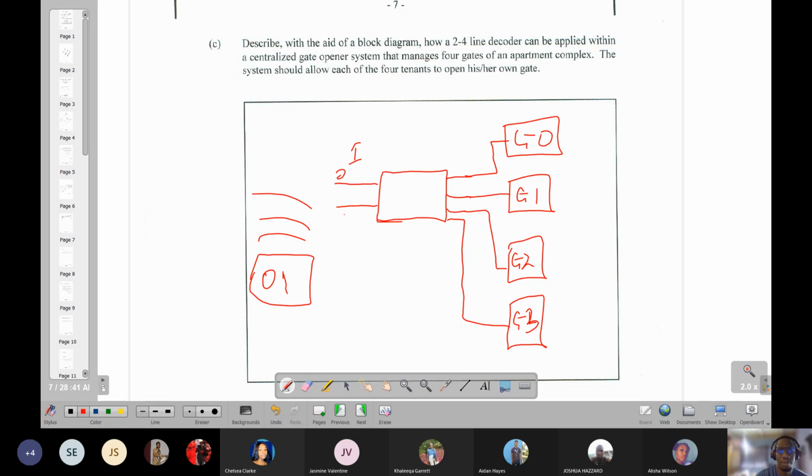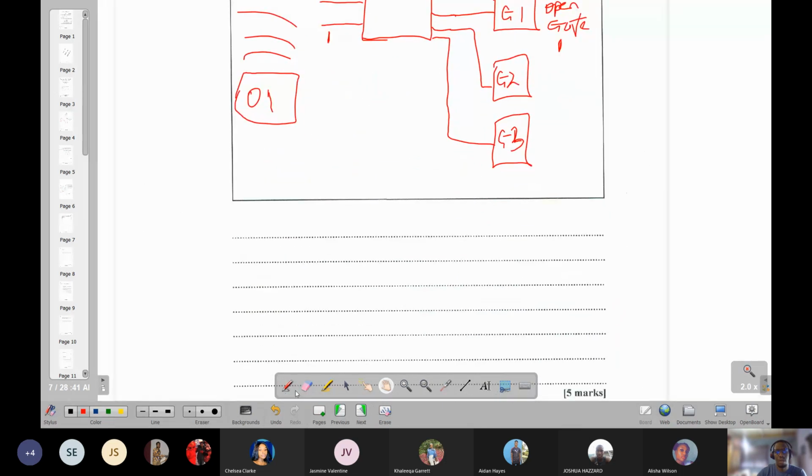So that 0, 1 comes in here. This will open gate 1. Because depending on the information coming into this decoder, it allows for a particular gate to be asserted. Okay, let's talk that out now.